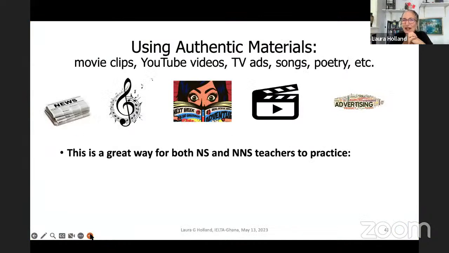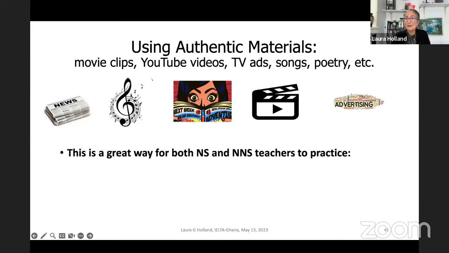Now, using authentic materials. What are authentic materials? Movie clips, YouTube videos, TV ads, songs, poetry, and so on. The definition of an authentic material is something that is not created for classroom purposes.